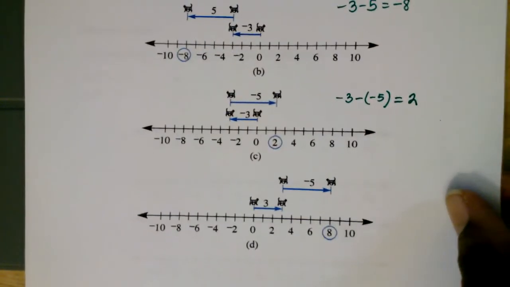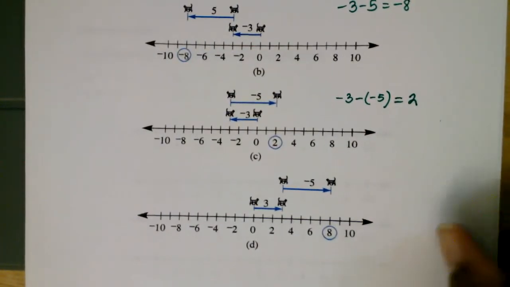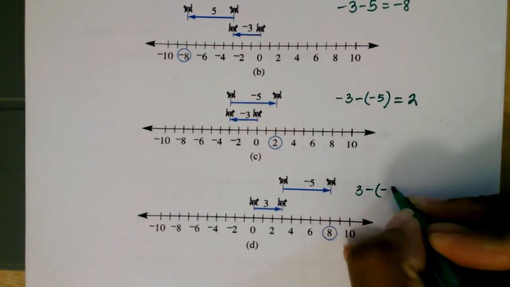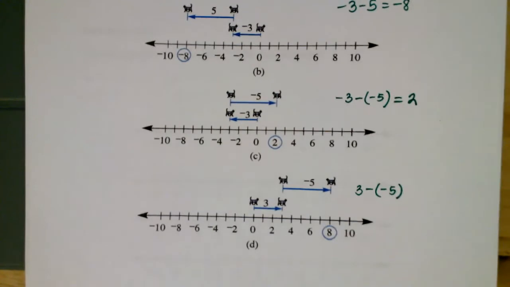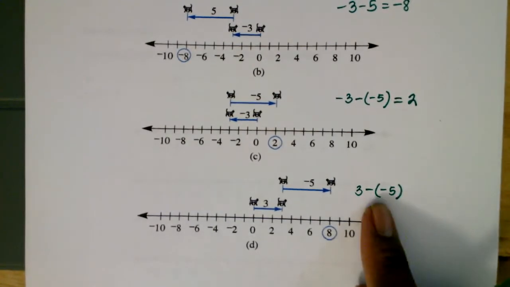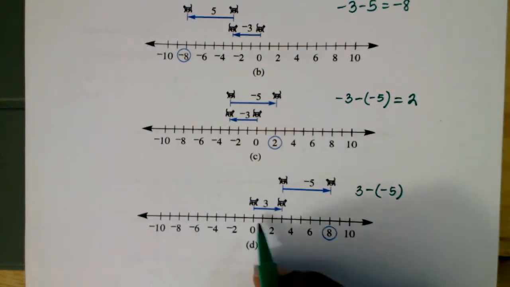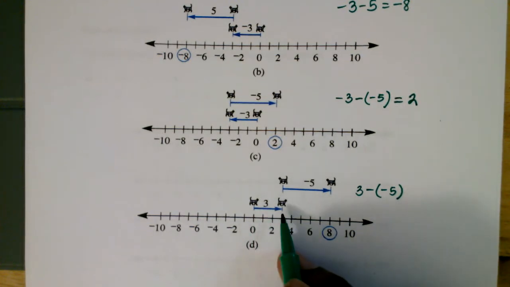And then finally, we have 3 minus a negative 5. That's what this illustrates. And by the way, notice I put the parentheses around the negative 5 to separate the minus sign from the negative. Sometimes they use the raised negative symbol to avoid confusion. All right, there's a positive 3. We start at 0, facing in the positive direction, and walk to the right 3 places.